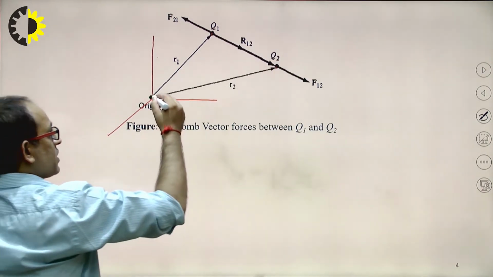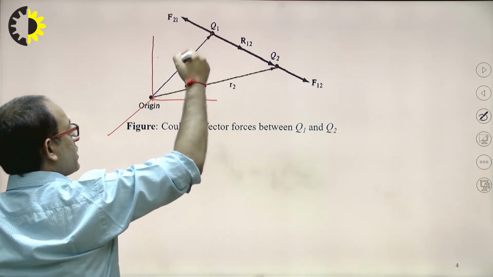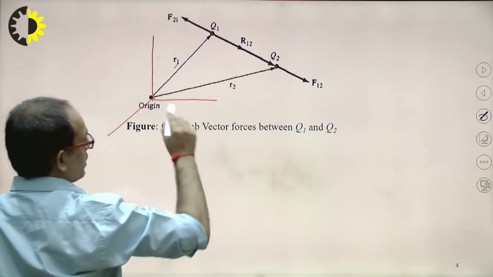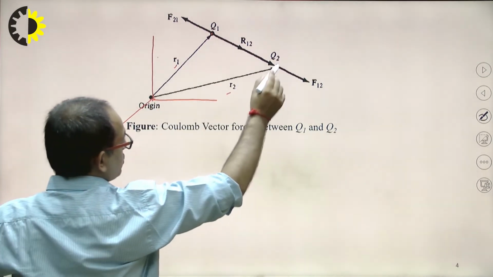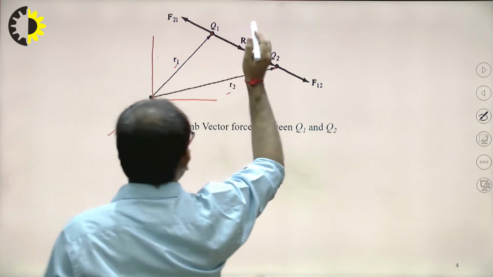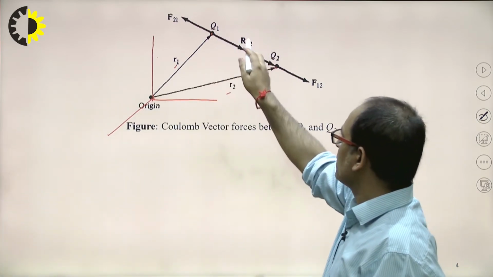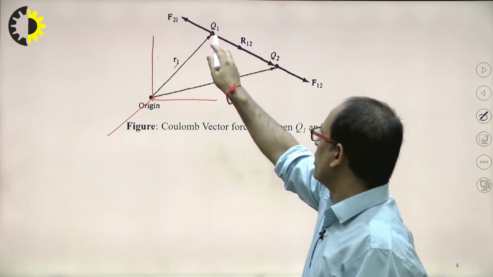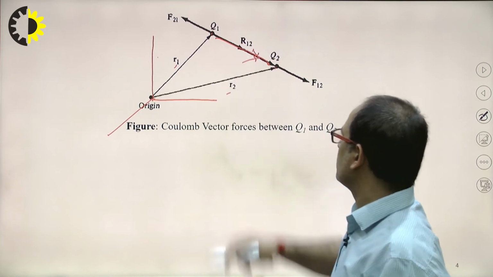The distance vector from the origin to q1 is denoted by r1, and the distance vector from the origin to q2 is r2. The distance vector between q1 and q2, from point 1 to point 2, is r12.